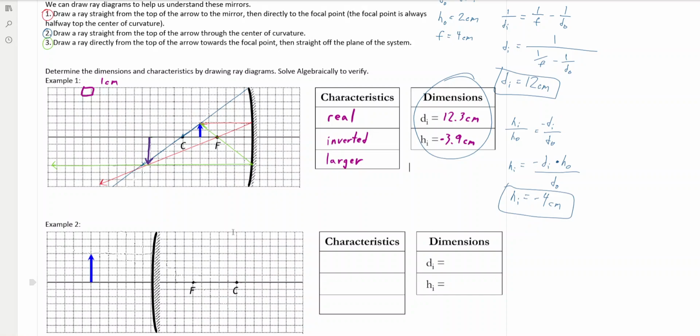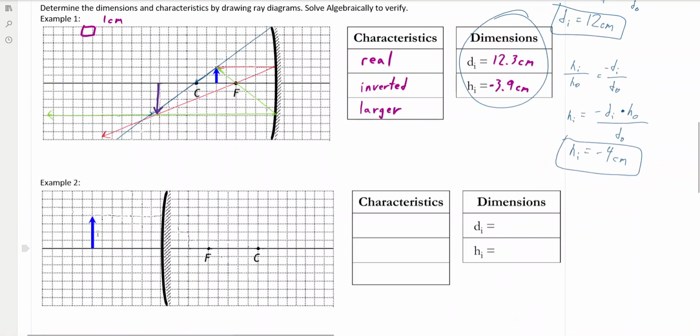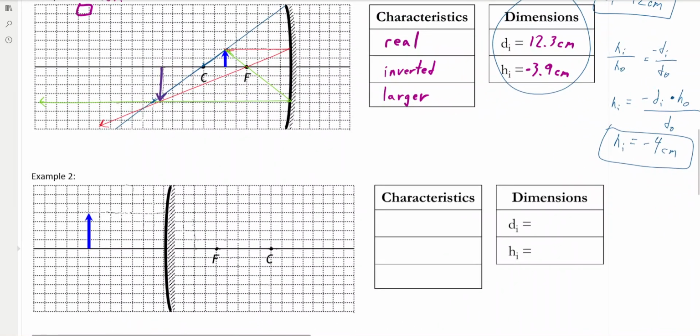Okay, so we're going to do this together now. Again, following the same steps as before. So first of all, we're going to zoom in a little bit. We're going to do step 1, which is to do a straight line from the tip of the arrow to the mirror, which looks like this.